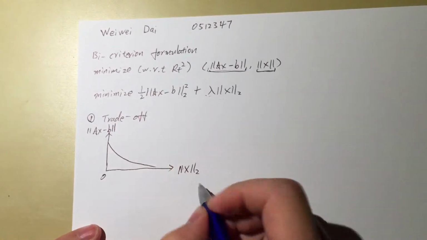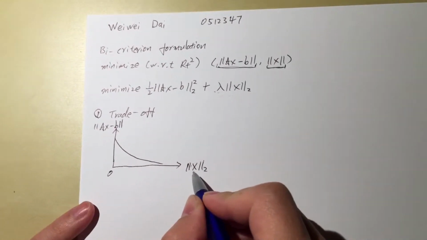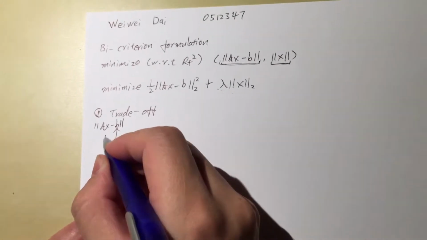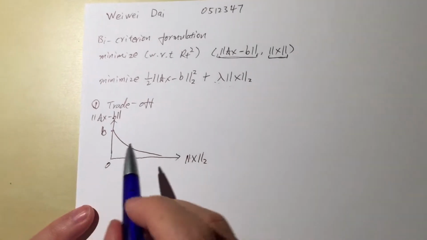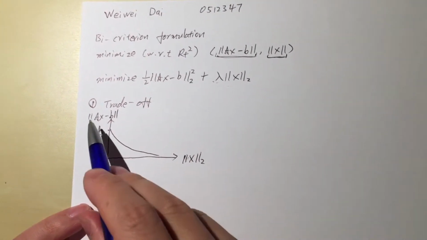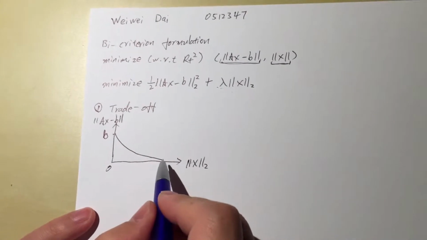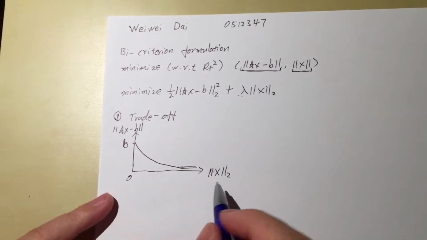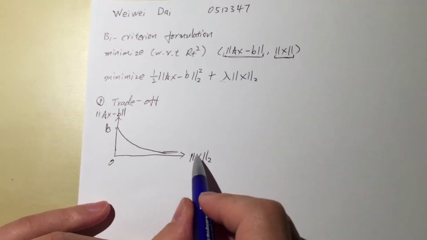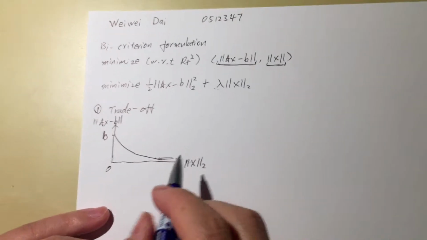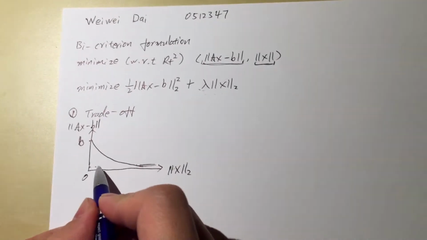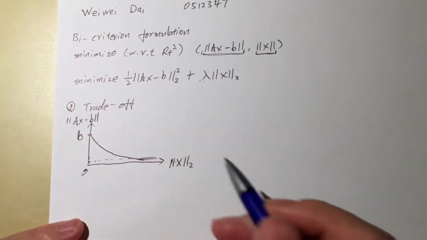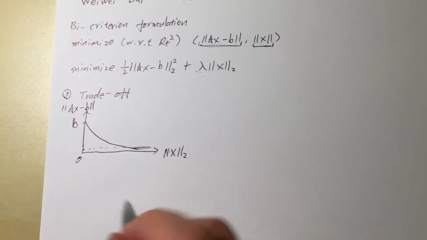If the data itself is 0, then the optimal value will just be b, because x equals 0. In the other direction, we want to minimize the x norm as much as possible, but usually we cannot make Ax minus b equal 0 because of reality. So this is the trade-off.